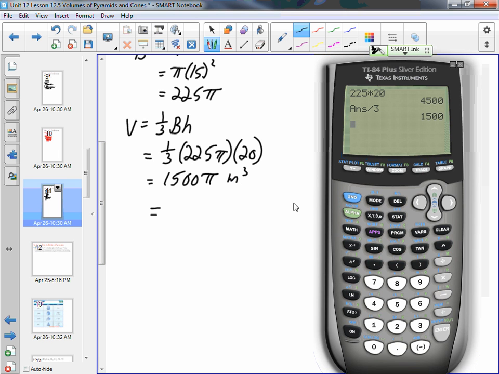And then 1,500 times pi, and we get 4,712.39 cubic meters. Okay, so I'm enjoying this. They're making us work for it.